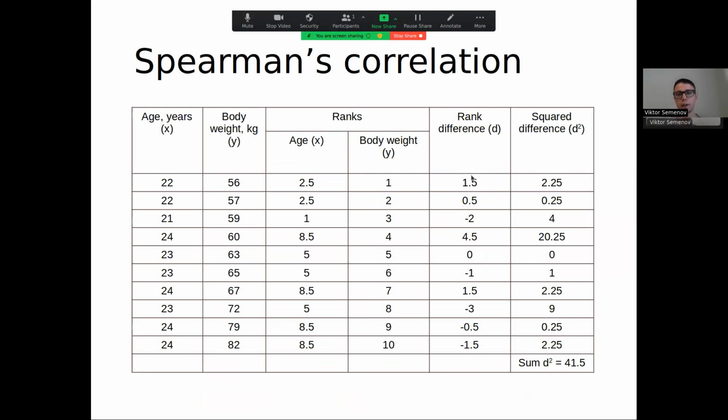So we find a difference between ranks. We subtract one from another, it doesn't matter which from which, because afterwards, in any case, we will square this difference, which will eliminate the minus value, even if it is present. So we find the difference between ranks and square it up. After squaring the rank difference, we find the sum of the squared rank differences, which will be 41.5 in this case.